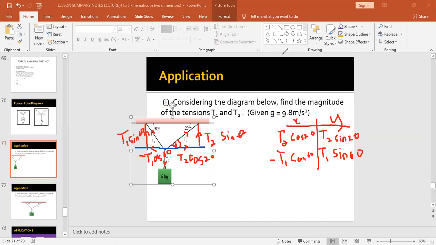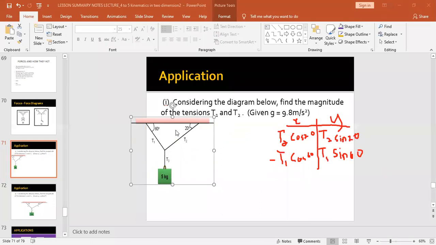Let me clear this side. The weight is acting vertically downward. There is no x component to it. So we can write that to be what? The x component is 0. The y component is going to be the weight. We know weight is what?